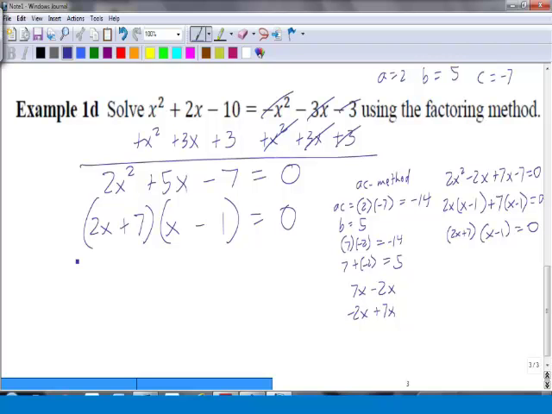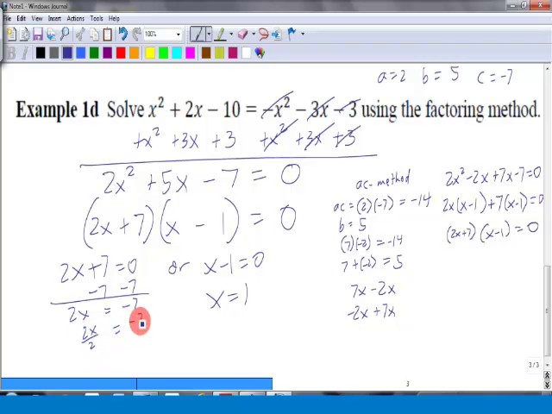Once it's factored, set each factor equals 0. 2x plus 7 equals 0, or x minus 1 equals 0. First one is trivial. X equals 1. The second one requires a couple of steps to figure out what x needs to be, and I'm thinking it's negative 7 halves.